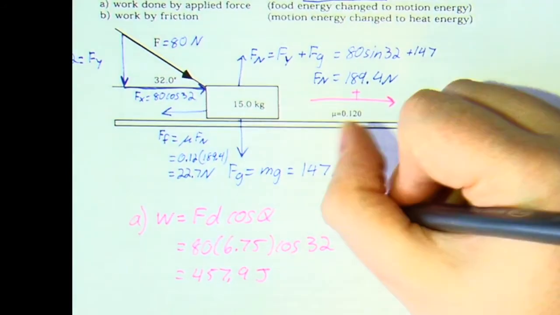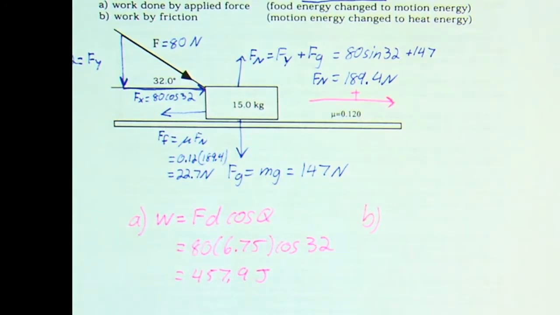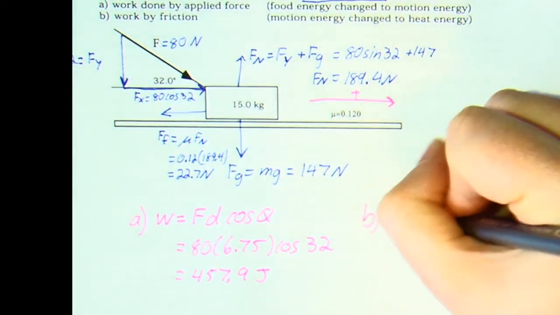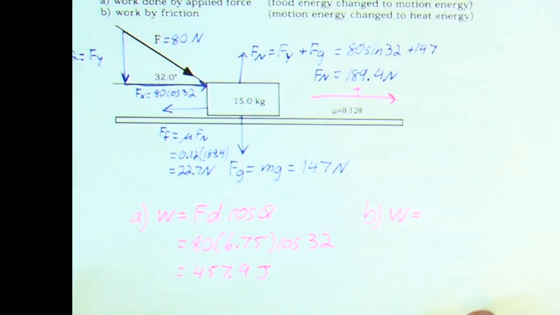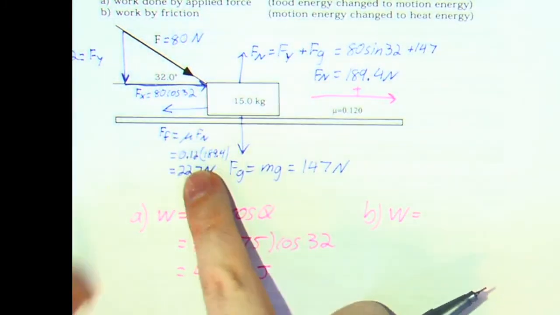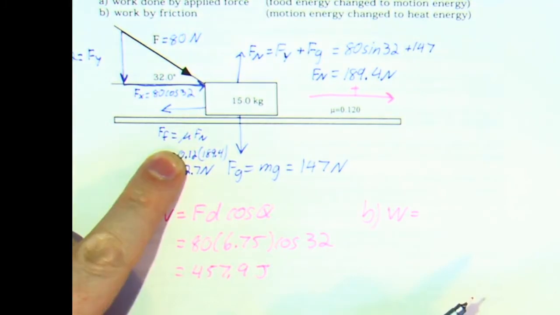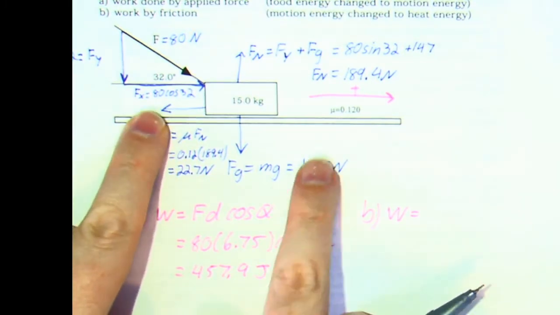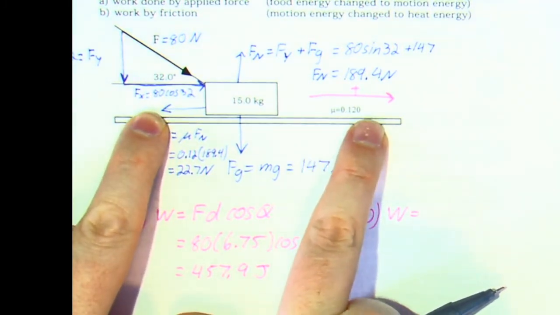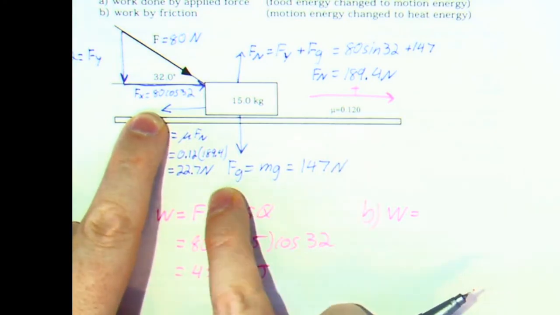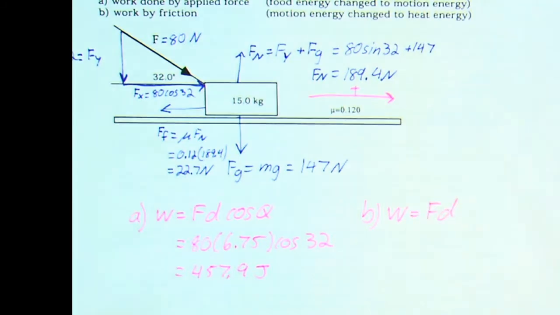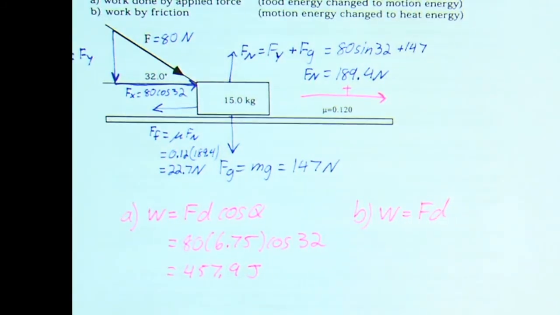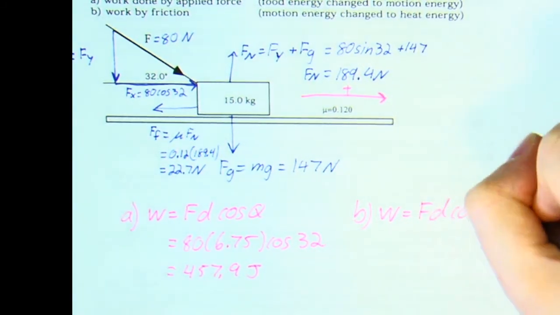And then B, what is the work done by friction? If we look at this, friction is right there, parallel to my direction of motion. So I don't have to use this cosine expression. I could just use Fd. Just to be consistent for this particular question, I'm going to show you what this looks like with the cos theta expression in there.